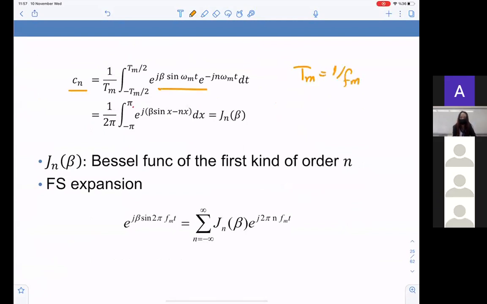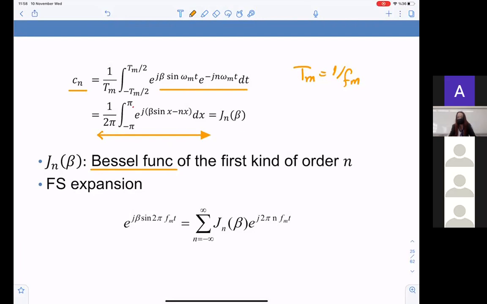So when we write the Fourier integral to find the coefficients, we recognize it as the Bessel function of the first kind. It's the integral of this exponential e to the j beta times sine x minus nx.